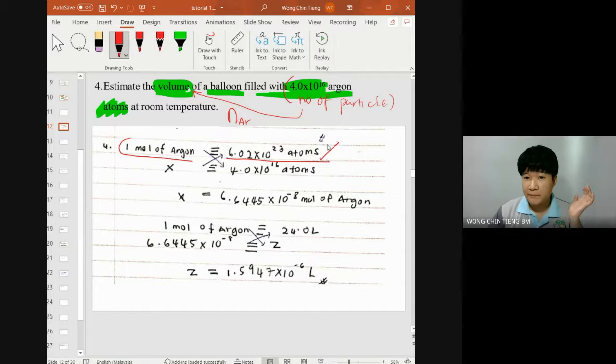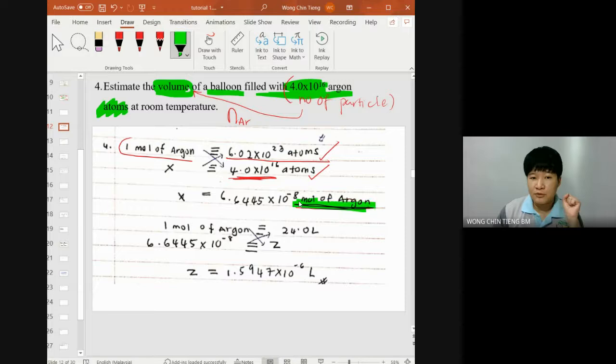And right now we have the atom, we are looking for the mole. Darab silang, settlekan dia, kamu akan dapat your X over here is mole of argon. So, ada 2 cara nak tulis jawapan. Sama ada cara kawan kamu tadi, yang dia tulis kat depan ni, dia tulis siap-siap: number of mole argon.